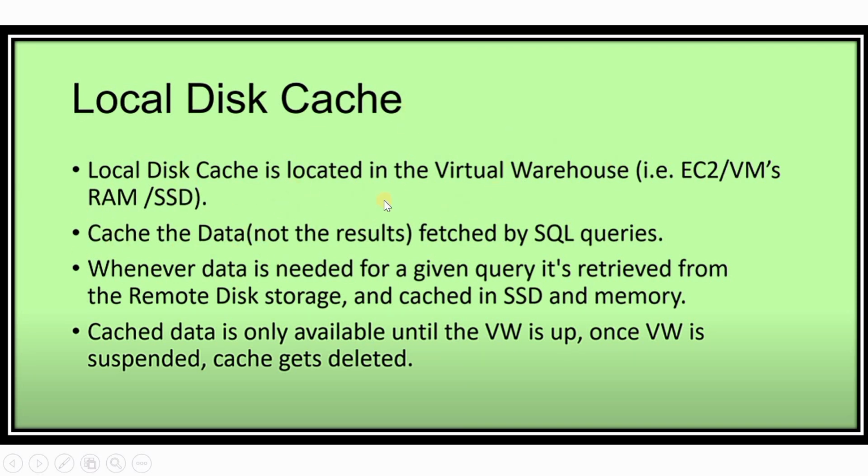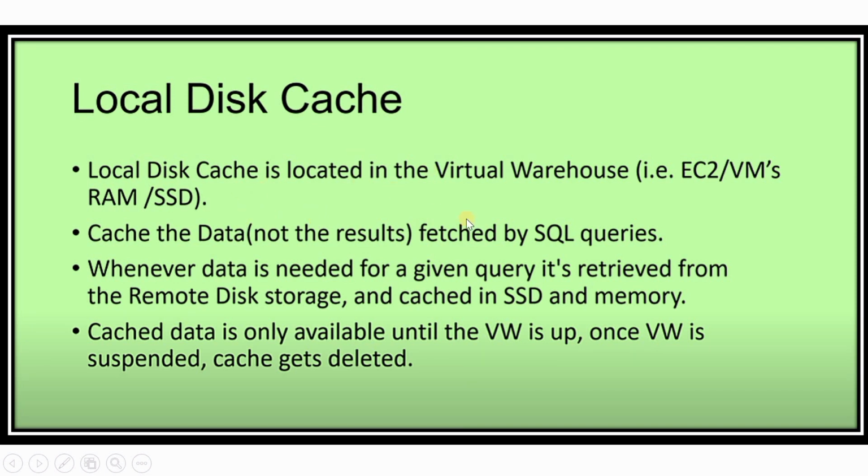So the local disk cache is storing the data, not just the results. But the results cache is just storing the results of that query. That's why in the results cache we have to perform the same query again and again.